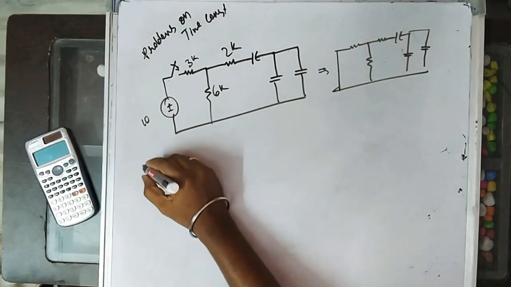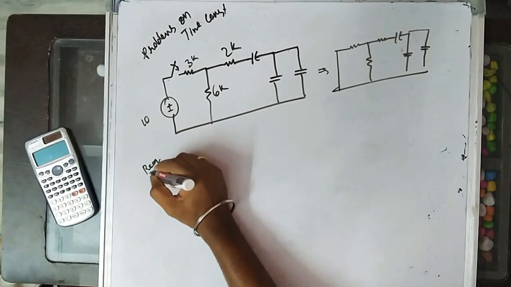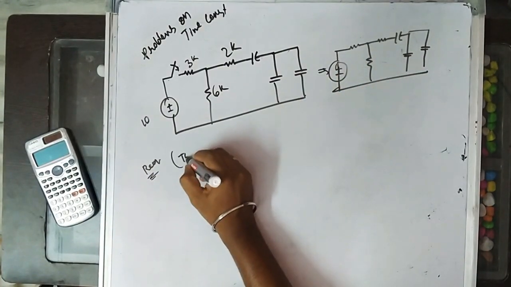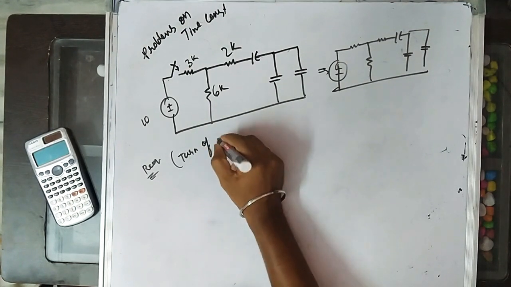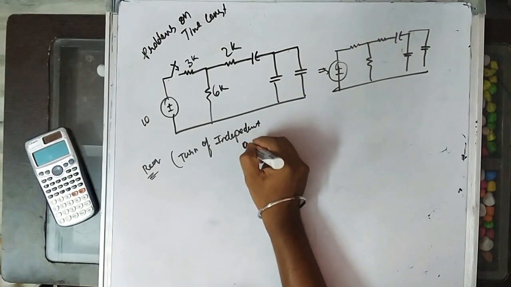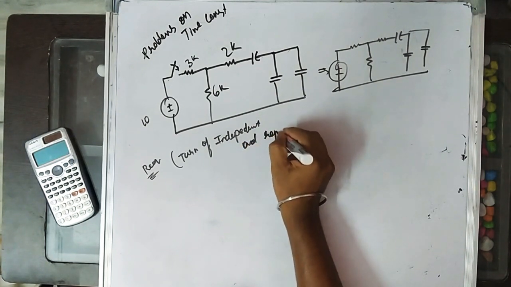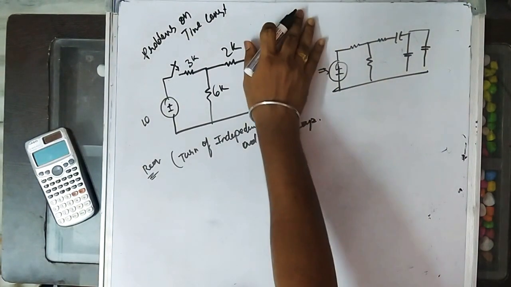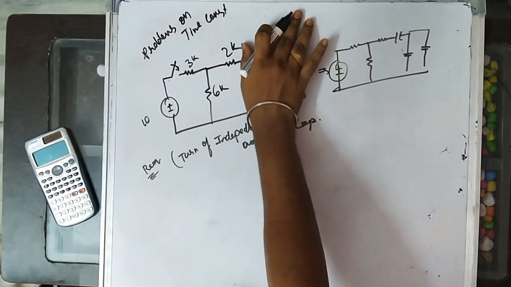If you want to find R equivalent, what do you do? For finding R equivalent, turn off the independent source and remove the capacitor. That means we remove the capacitor terminals here and look into the terminals.